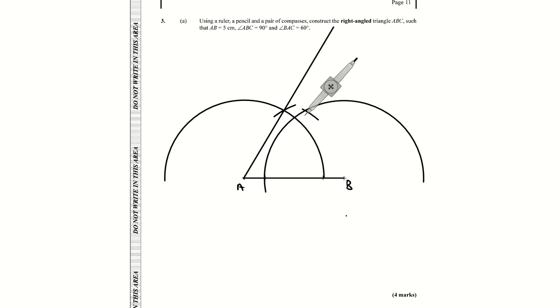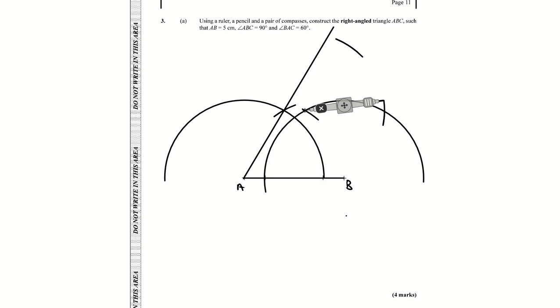Then from that intersection here, you're going to draw an arc on top, just like so, and also draw an arc intersecting that initial arc you drew to make 90 degrees.